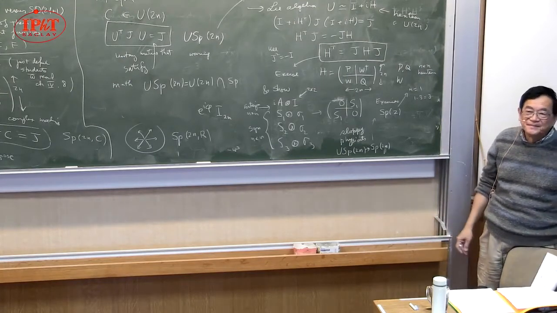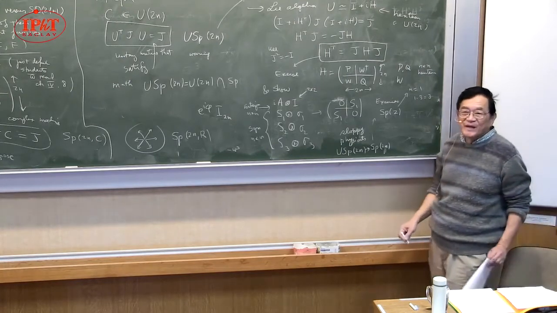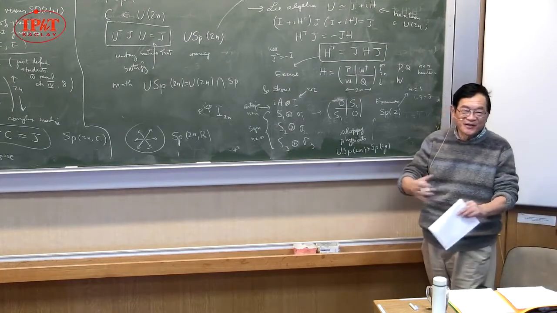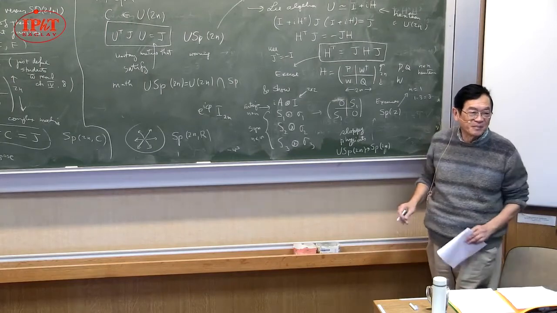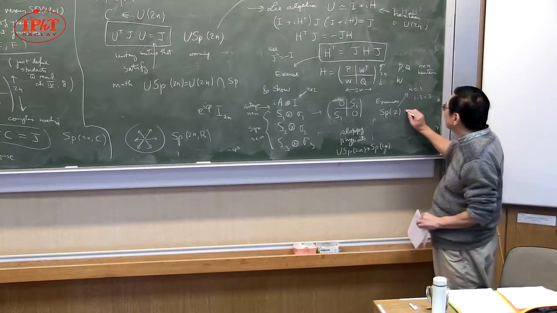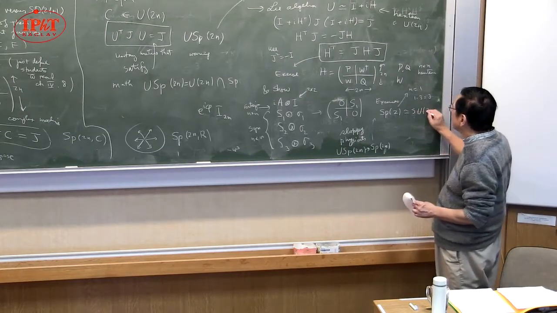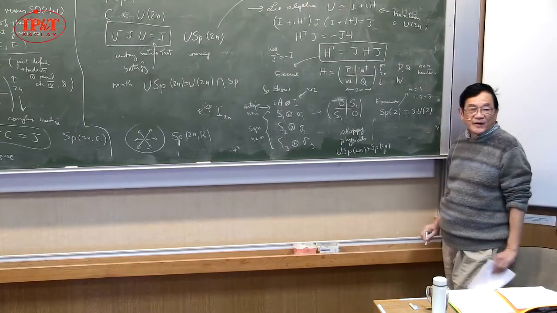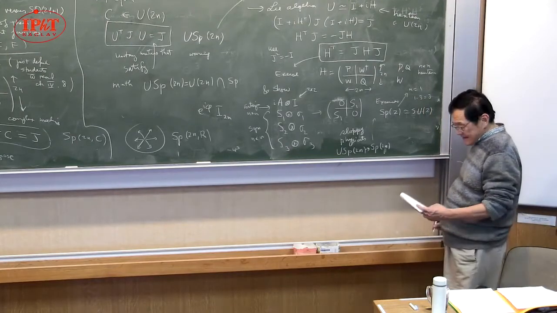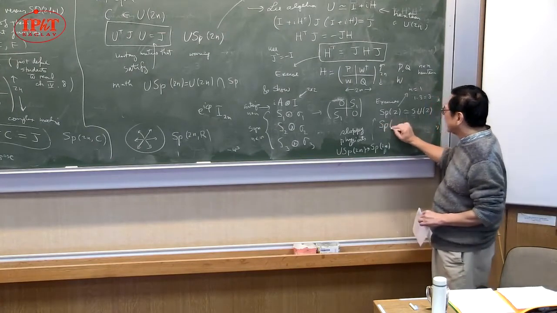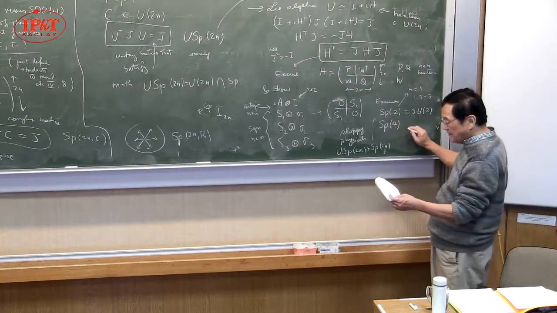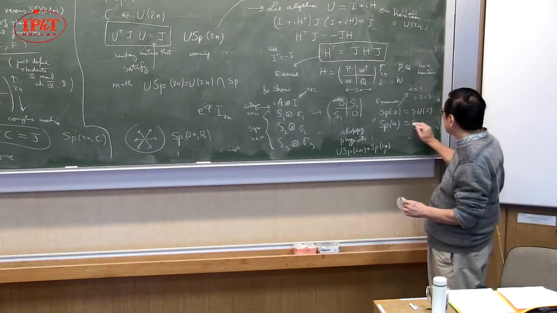You write down 3 things, A, B, C, and you start commuting them to form the algebras. You soon discover there's basically only 1 possibility. So, not surprisingly, it's isomorphic to SU2. Now here's the one that is more surprising: the symplectic group SP4 is isomorphic to SO5.